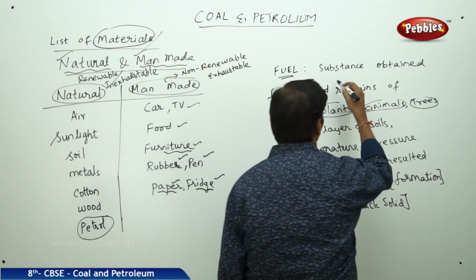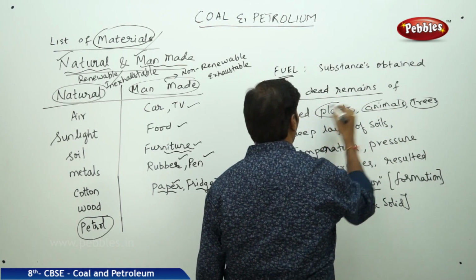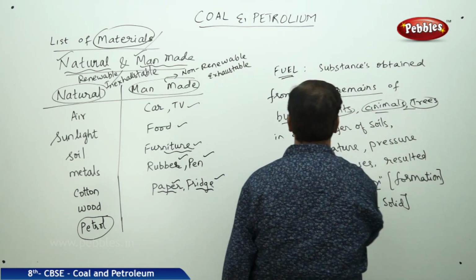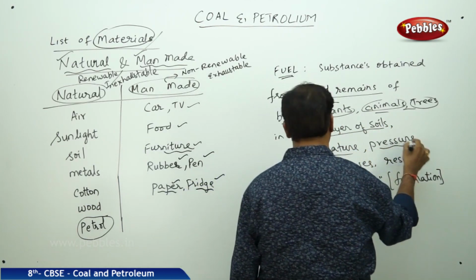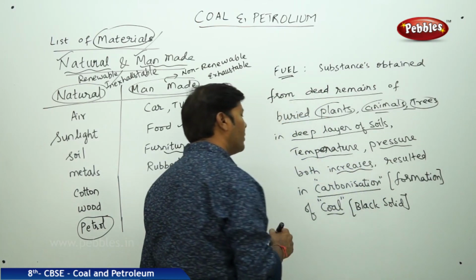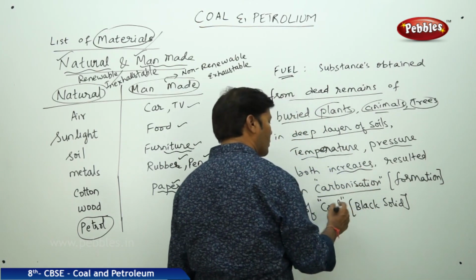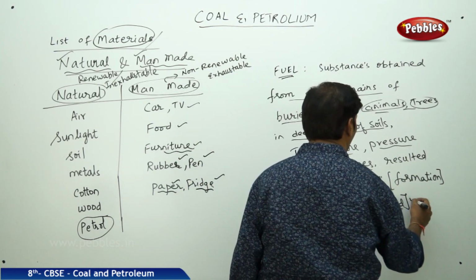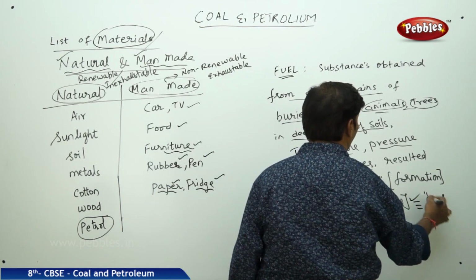So that means the substances obtained from the dead remains of the buried plants, animals and trees in the deep layers of the soil, which resulted in high temperature and pressure, which both increase. When high temperature and pressure increase, that results in the carbonization, formation of the coal. That coal is nothing but a black solid, and this black solid is nothing but a fuel.